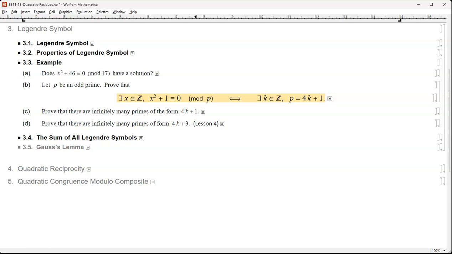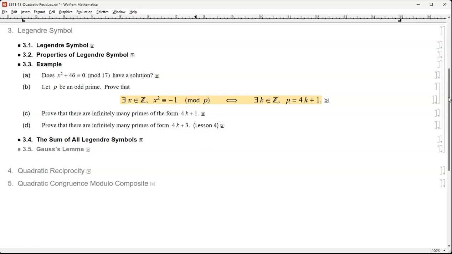So x squared plus 1 is congruent to 0 mod p has a solution if and only if p is an odd prime of the form 4k plus 1, or equivalently speaking, x squared is congruent to -1, or in other words, -1 is a quadratic residue of p if and only if p is an odd prime of 4k plus 1 form.